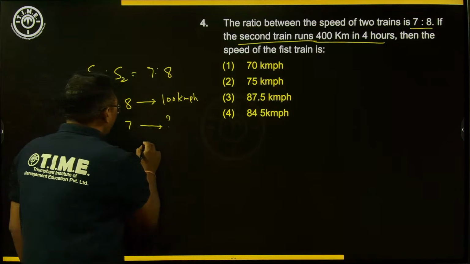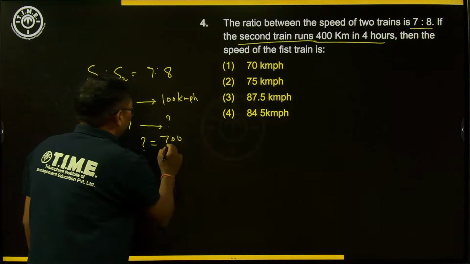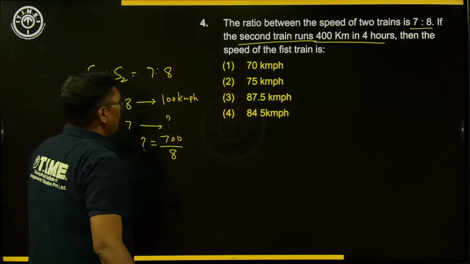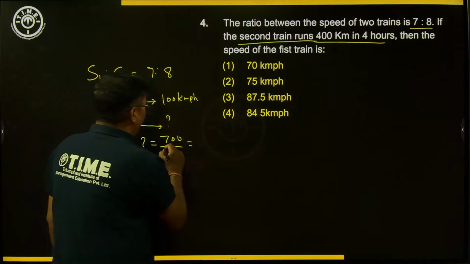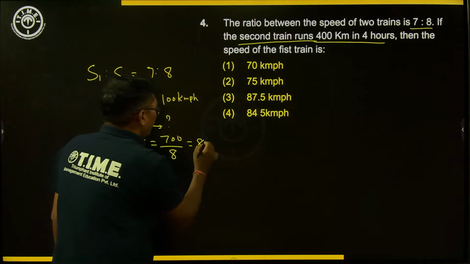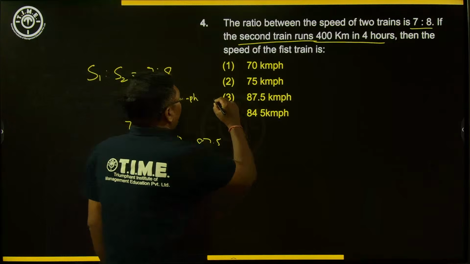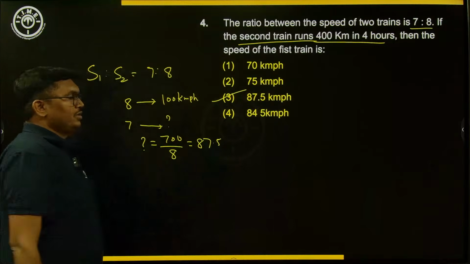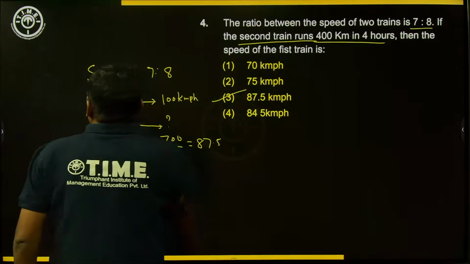If you cross multiply this one, this is 700 divided by 8. If you simplify this one, you will get 87.5 kmph. The correct answer is choice 3, right? Next.